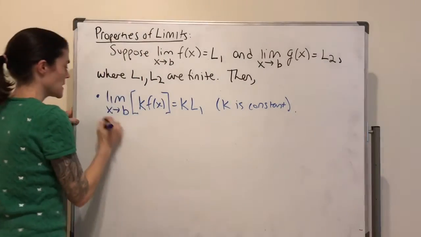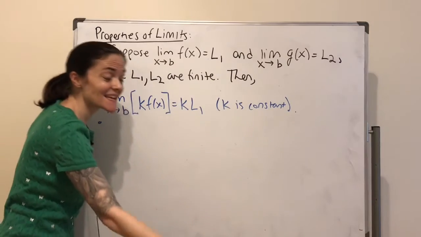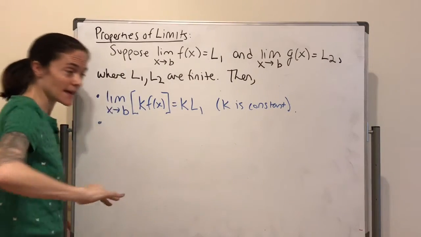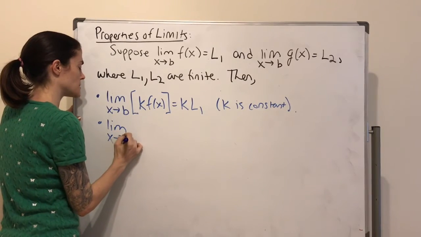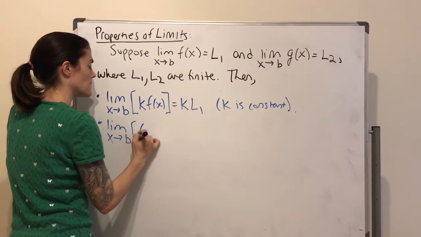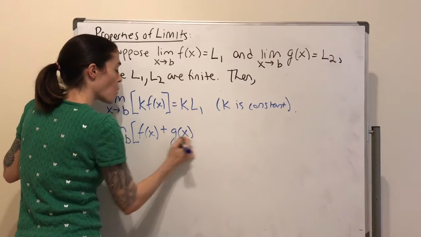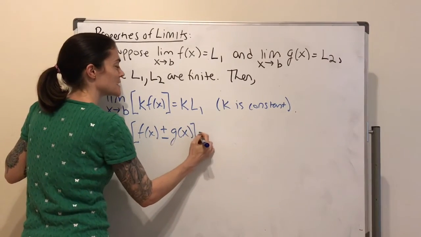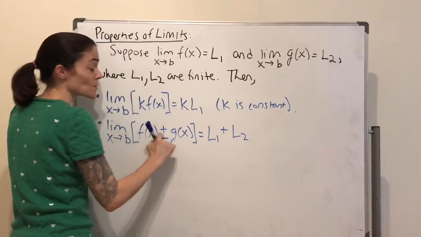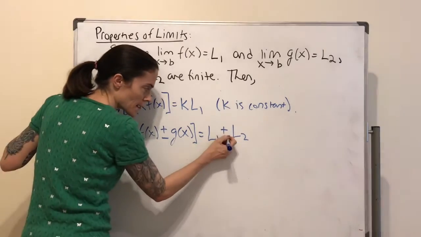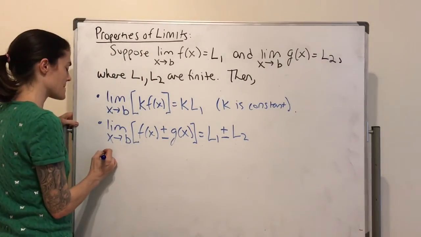Okay? The next property is about if you take f plus g or f minus g and then look at the limit as x approaches b of either the sum or the difference, this would be L1 plus L2 if you use the sum, or L1 minus L2 if you use the difference, okay?